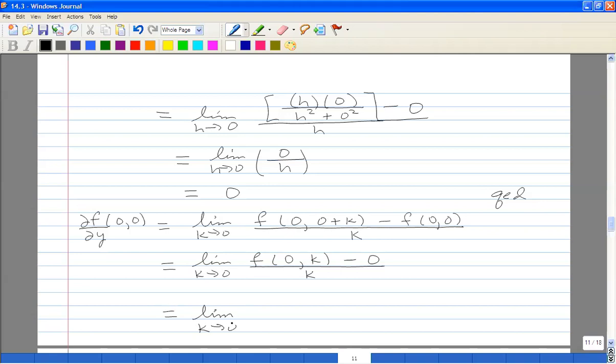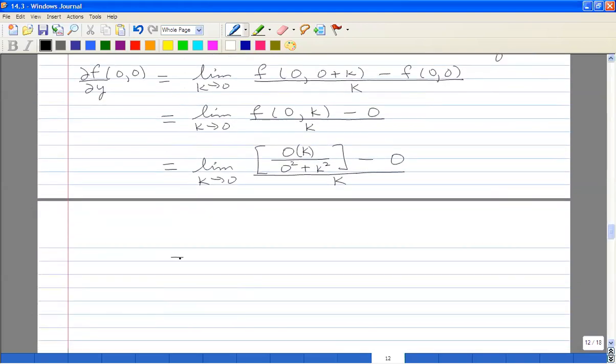Plugging in (0, k), I get 0 times k over 0 squared plus k squared. But again, this is just 0 minus 0.